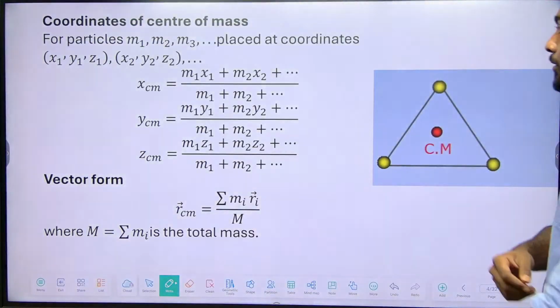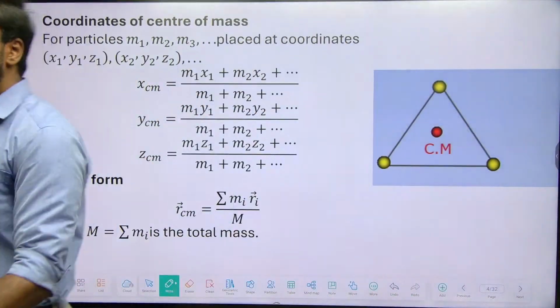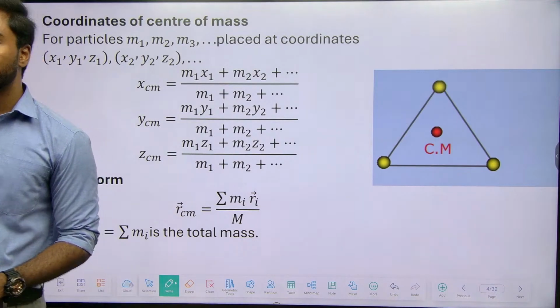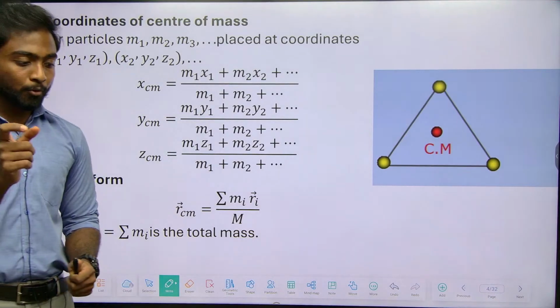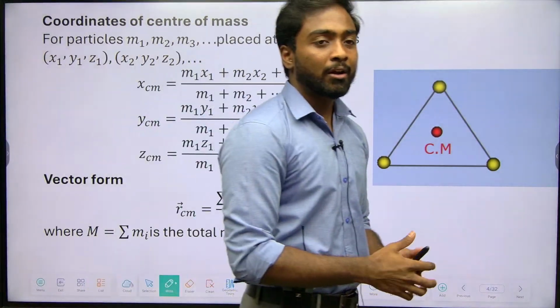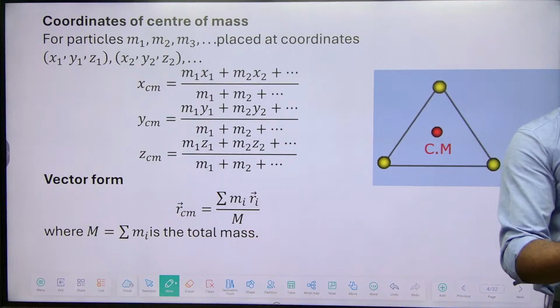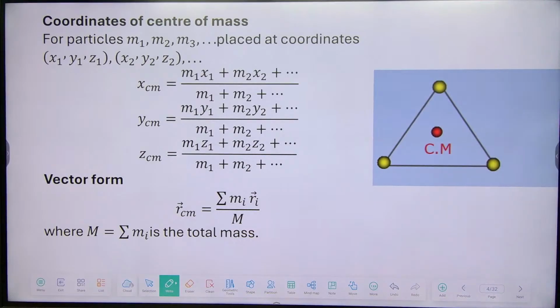So listen here. Like in motion in a plane, we have talked about the position. If I differentiate the position or displacement with respect to time, what will I get? Velocity. And if I differentiate that velocity with respect to time, what will I get? Acceleration.